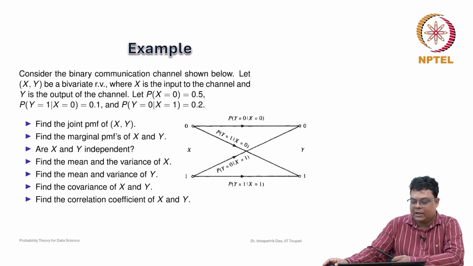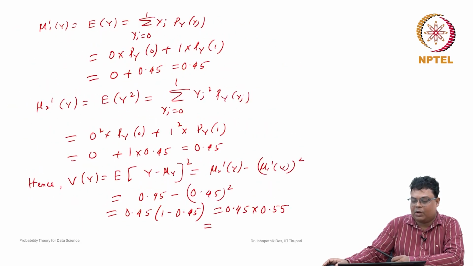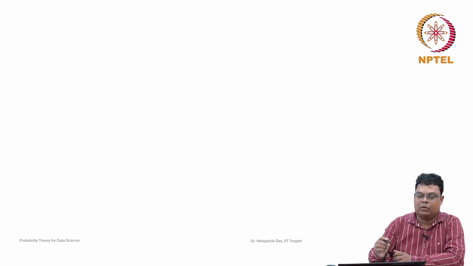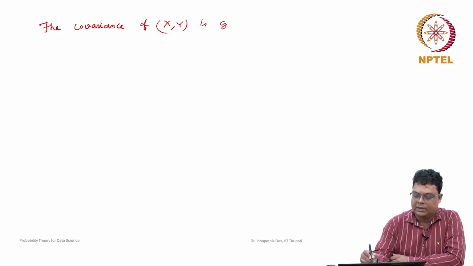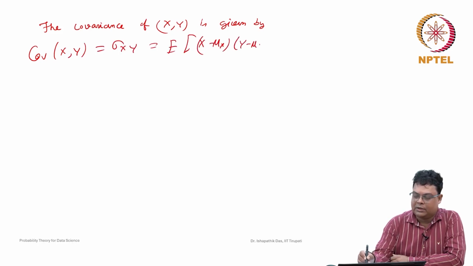Now we will find the covariance of xy. For finding the covariance of xy, what is the formula? The covariance of xy, we denote by sigma xy. This is the expected value of x minus mu x, y minus mu y.